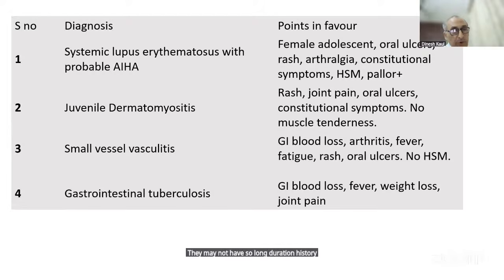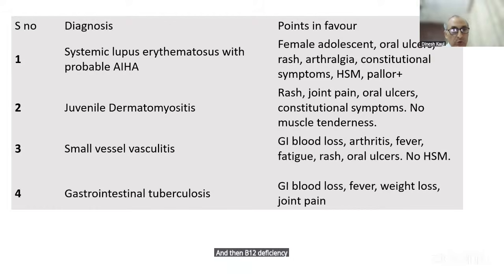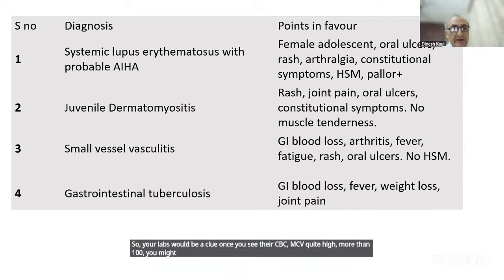When we look at the type of anemia, we see they have an iron deficiency anemia or a dimorphic anemia, especially in vegetarians. They can have both a combined iron deficiency and a B12 deficiency. So your labs would be a clue. Once you see their CBC, MCV quite high, more than 100, you might think of this as a macrocytic type of anemia.